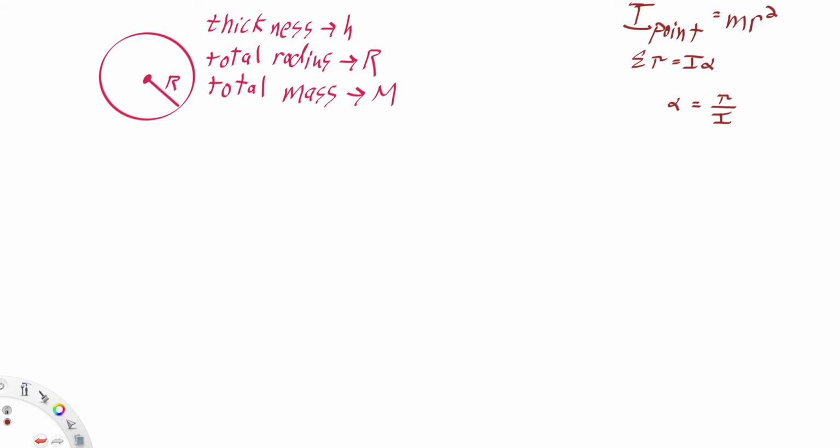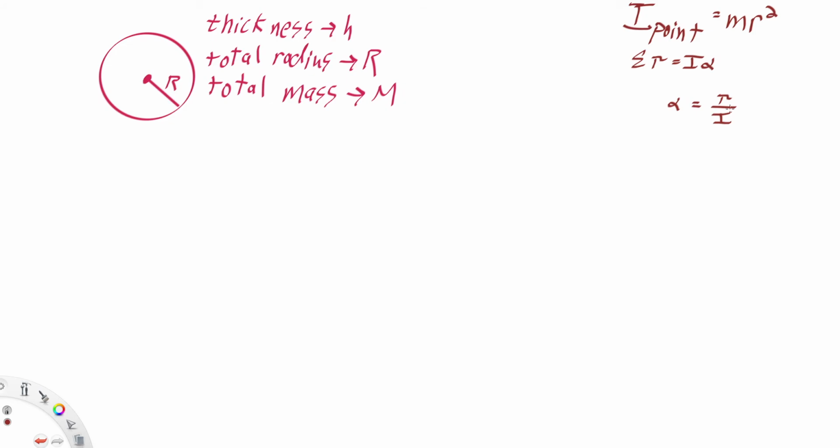So maybe not all of us have played with tops or spinning things, but I think we can all agree that an angular acceleration of infinity is probably not what we're looking at in a real disk. So even though treating the object as if its center of mass had all the mass is a really reasonable strategy, it leads us to a conclusion that we know is impossible, right? We cannot have infinite acceleration.